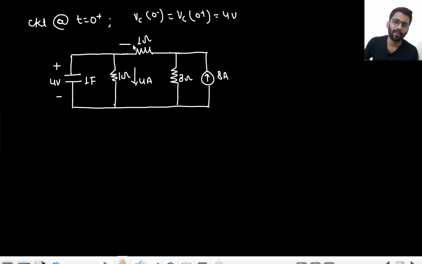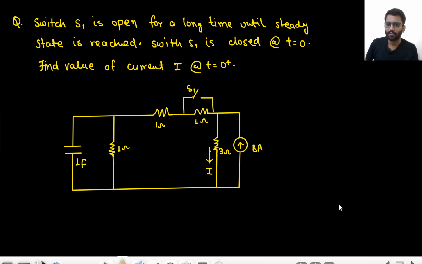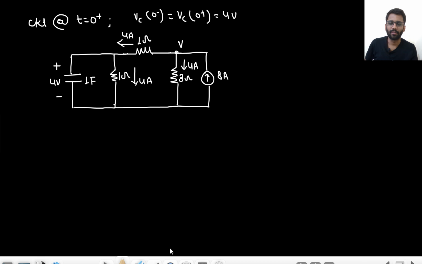Now this same current 4 ampere will be flowing from here, and 8 ampere is coming, 4 ampere is going here, so 4 ampere will be going this side. My V voltage will come out to be 12 volt. Sorry, current I need to find, so forget about the voltage. So my answer would be 4 ampere. Is this analysis correct?